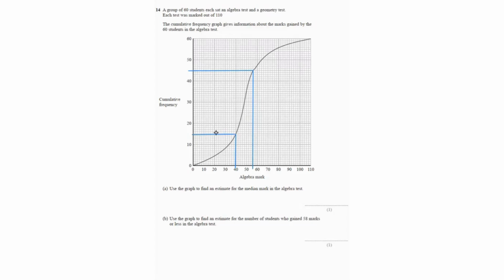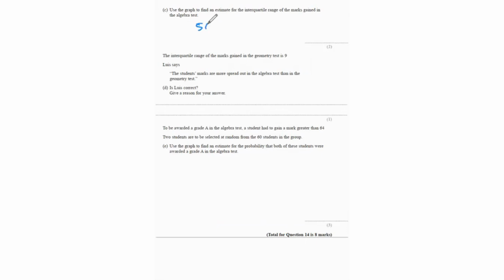So over here it's 40 and over here it's 56. So we do 56 minus 40 and that gives us the interquartile range. 56 minus 40 and that is equal to 16. That's the interquartile range. Then the interquartile range of the marks gained in the geometry test is 9.